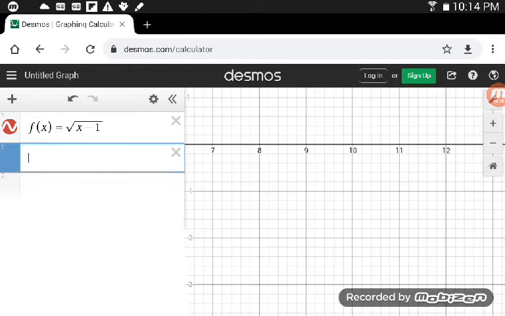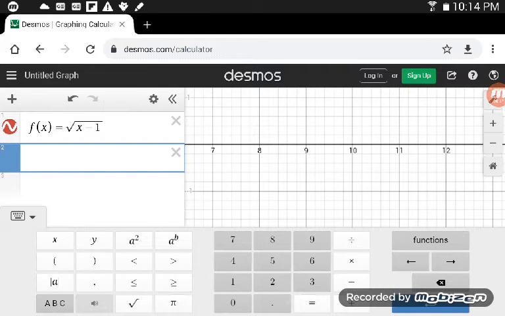And now we can try adding our function that we had, L of x.